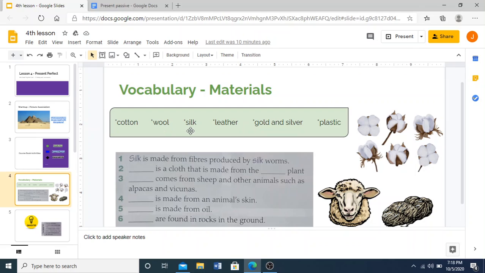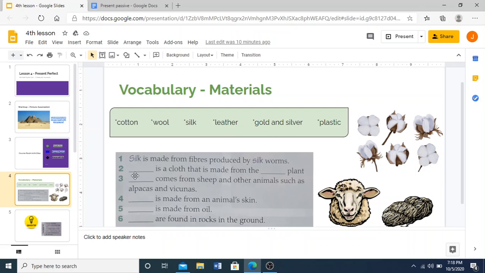Silk, as you've heard, is made by the silkworm. Leather, as you know, is also gotten from a natural source. When we start making these sentences up, we will discuss them in bits. Gold and silver are minerals, and plastic is man-made. We'll get there soon.